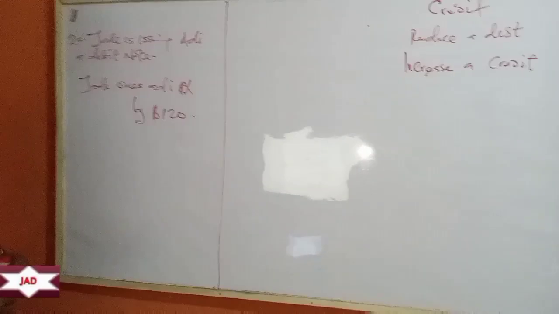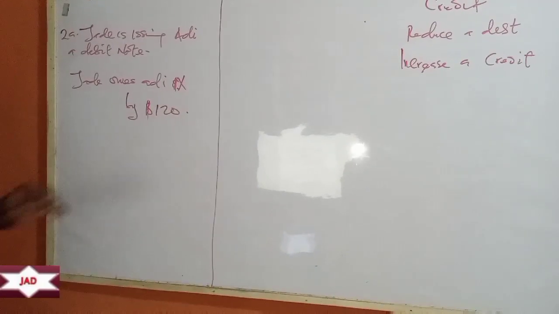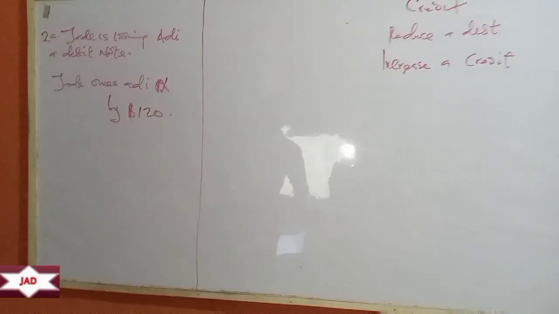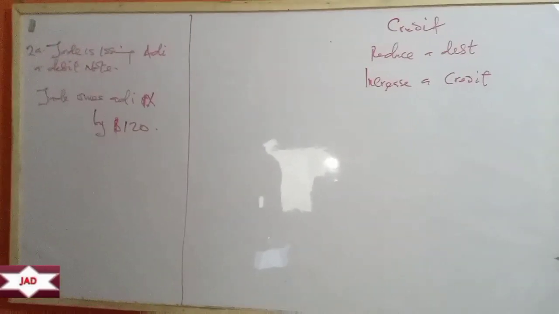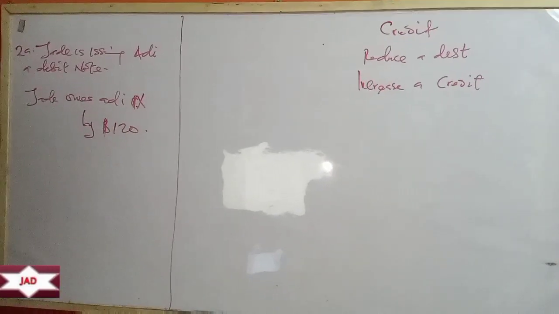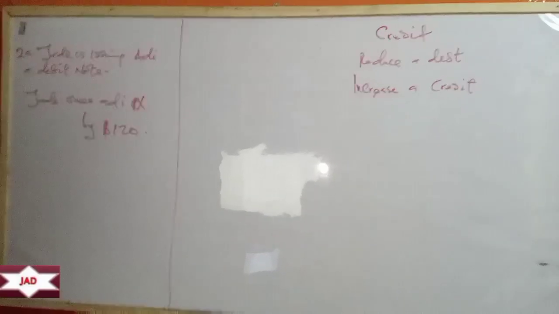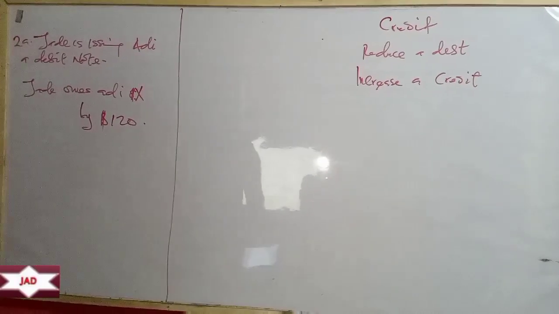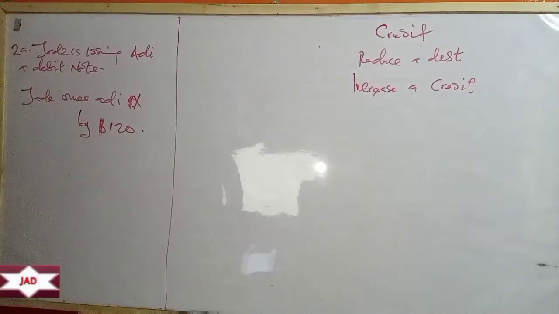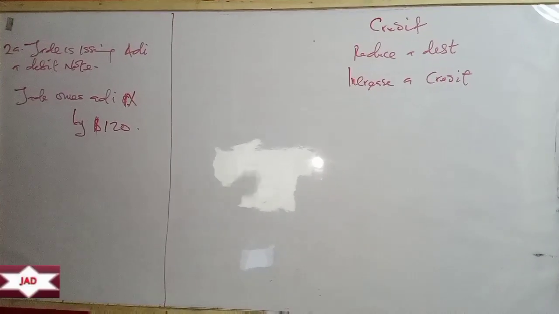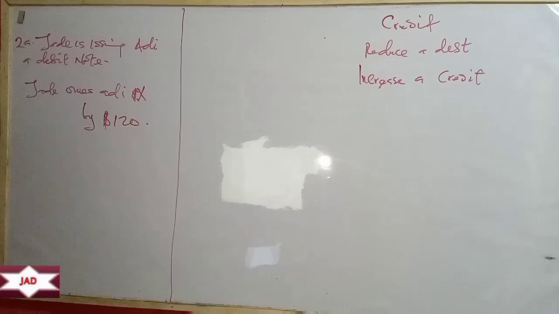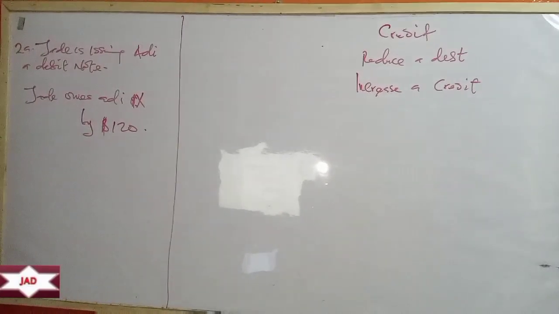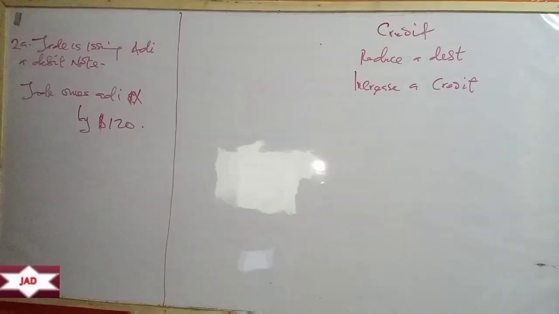Remember, in Adi's book, Jade is a debtor. So if Adi is issuing a credit note to Jade, what does that mean? That means there's a possibility that Jade has been overcharged. And what are the possible reasons for overcharge?